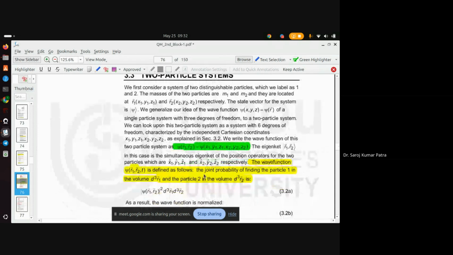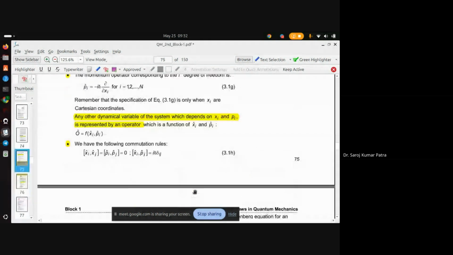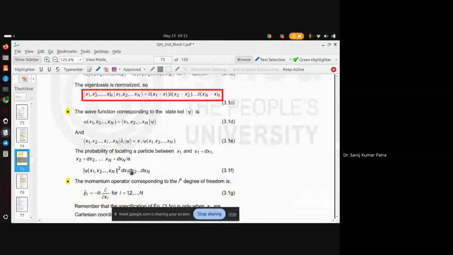The joint probability of finding particle 1 in the volume d³r1 and particle 2 in the volume d³r2 is |psi|² d³r1 d³r2. This comes from what we have discussed in 3.1f. What is the probability of locating the particle? It is basically |psi|² dx1 dx2 ... dxn.